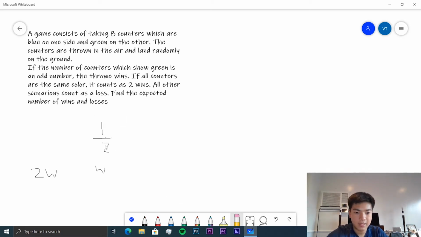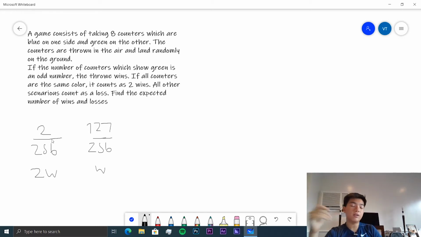There is a 127 over 256 chance, since if all 8 are green, then that counts as 2 wins. So we have 1 over 128 over here, or this is actually 2 over 256. So if they either throw all green or all blue, it's 2 wins. And then otherwise, that's 127 over 256, which we count as a loss.